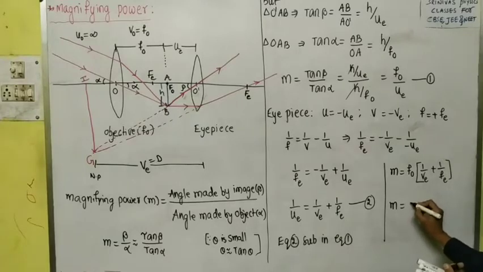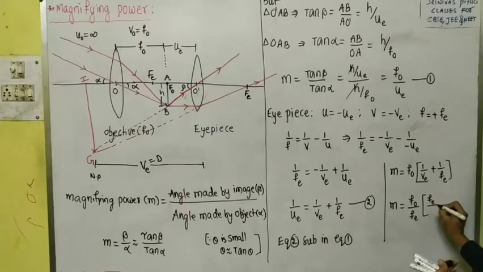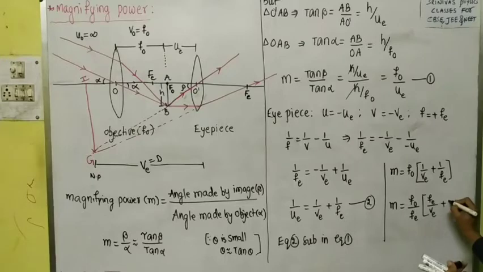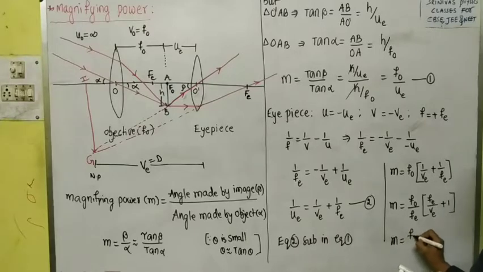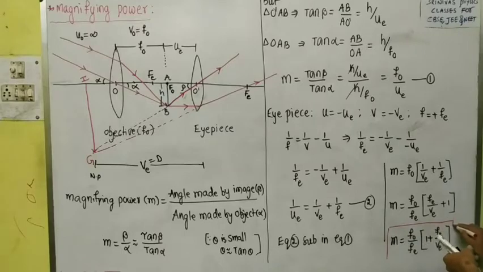Then we will get F naught by FE into FE by VE plus 1. And this we can write as M is equal to F naught by FE into 1 plus FE by VE.